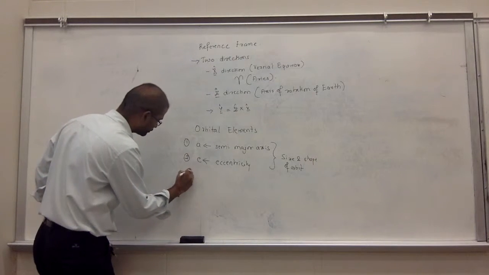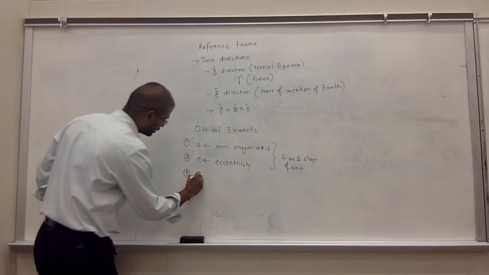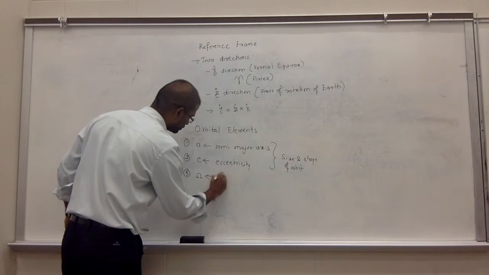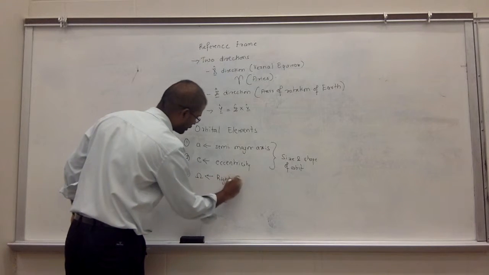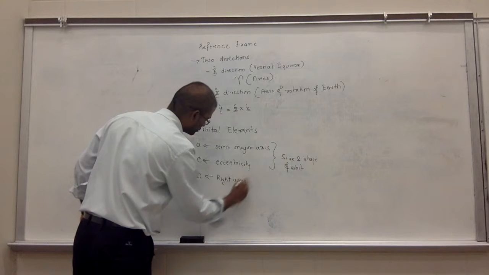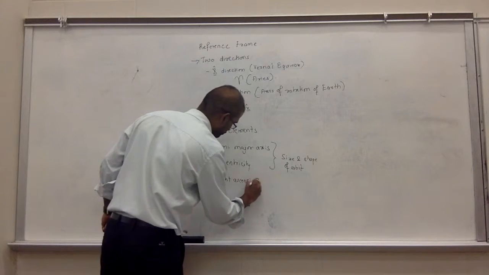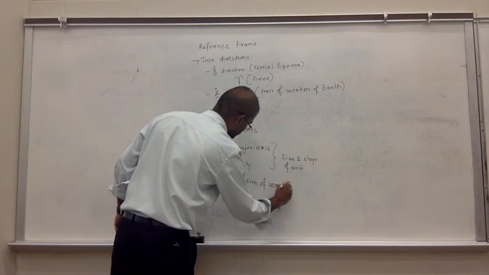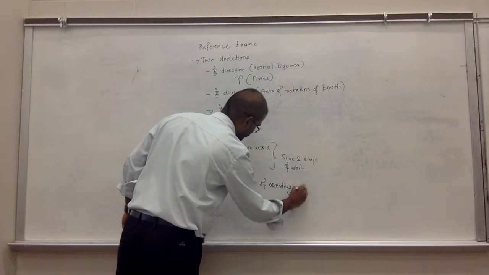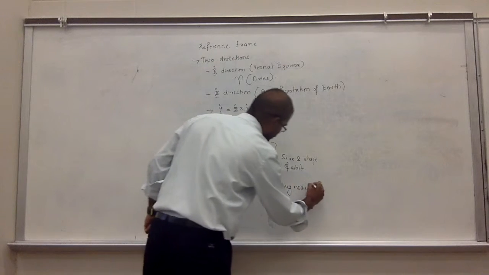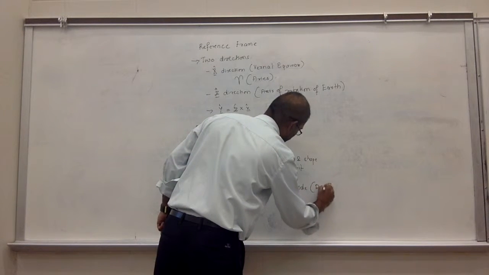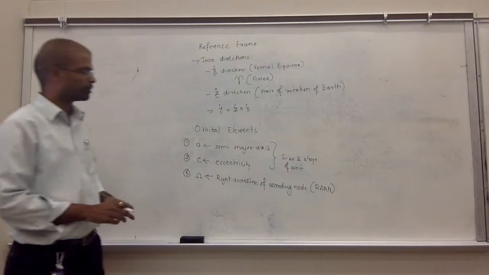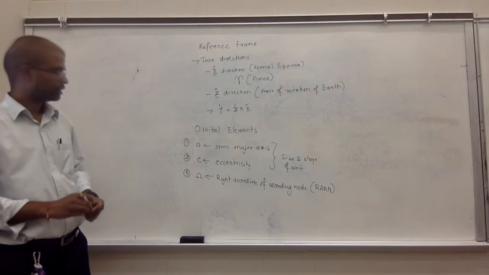Then you have these angles. This is right ascension. This short form is often used: right ascension of the ascending node. Okay.